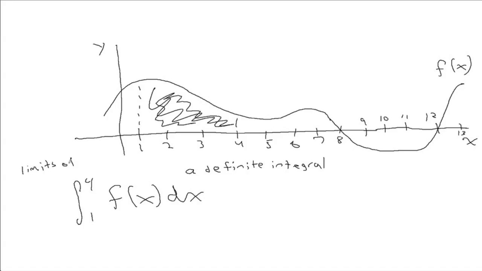That's just some terminology. The lower limit of integration here is 1, and the upper limit of integration here is 4. Those are our limits of integration. They tell you the 2 points on the x-axis that we're finding the area between.